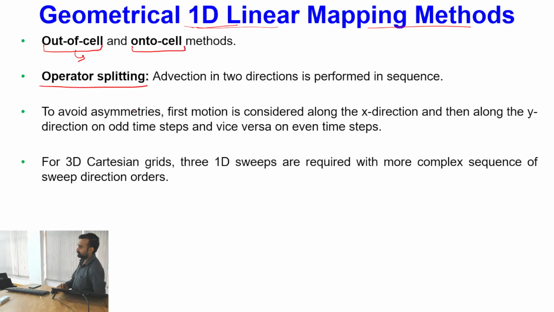X direction. Once we have advected through the X direction, we consider that now it is only advecting in which direction? Y direction. Like this we keep adding the sequences, and this is called operator splitting, where the advection in two directions is performed in sequence.